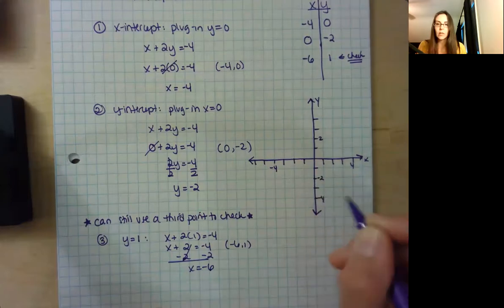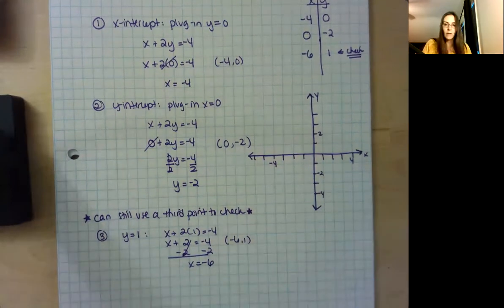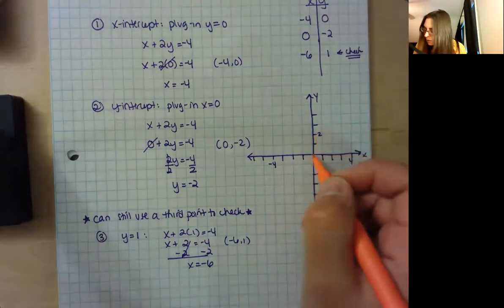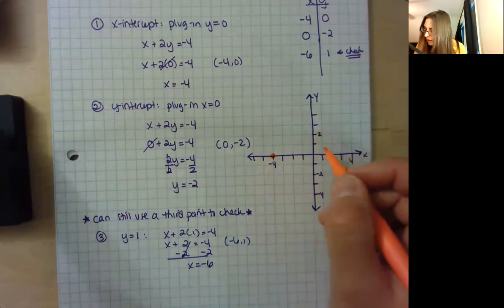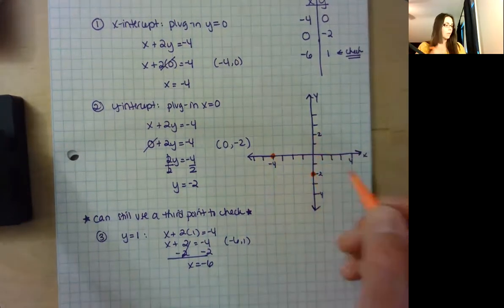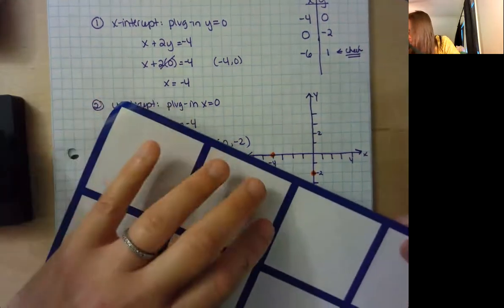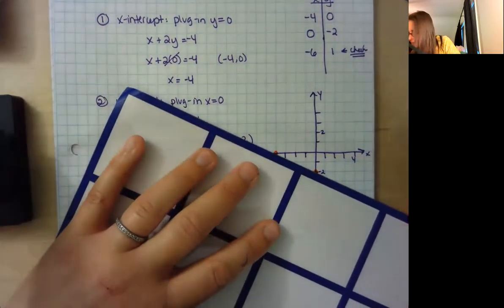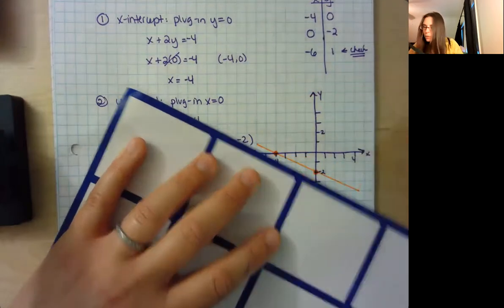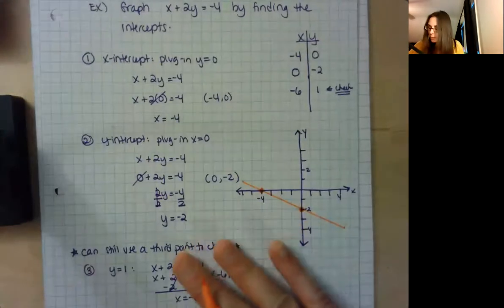I'm just putting in a few values here that I need. All right, let's graph this. So I have -4, 0, which is right here. And then I have 0, -2, which is right here. Oops. So there is my graph using the intercepts method.